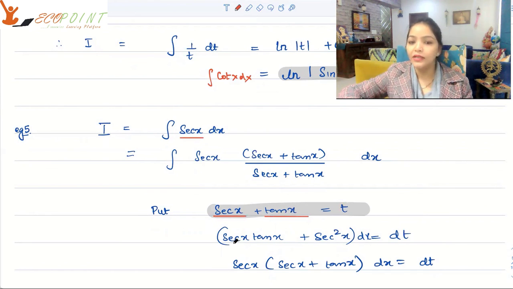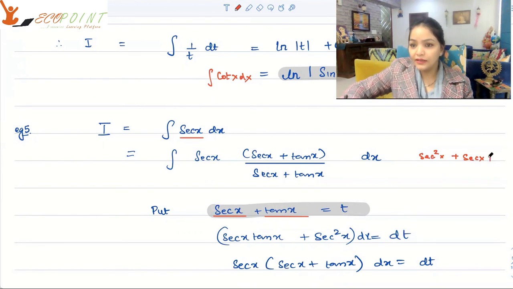So you have secant x tan x plus secant square x dx, which is your numerator here. So this dx equals dt.